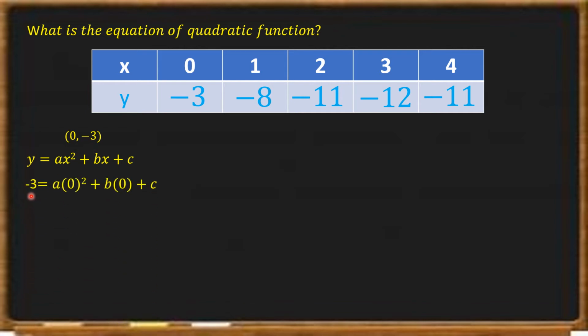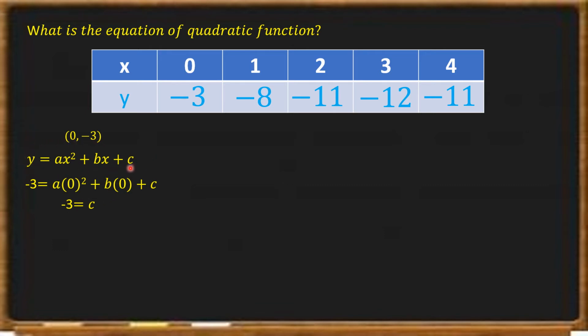It becomes -3 equals a times 0 squared plus b times 0 plus c. So 0 squared is still 0, times a is 0. This is also 0. So what remains is c. So our letter c is -3 from this quadratic function.